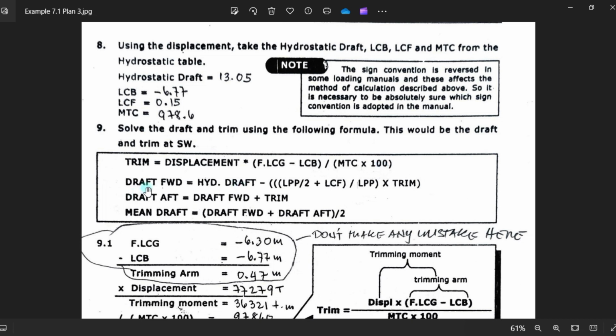Okay, and draft forward is the draft from the hydrostatic table minus LPP over 2 plus LCF over LPP times trim, and draft aft will be draft forward plus trim, and mean draft is draft forward plus draft aft divided by 2. Okay, so we'll check this one, guys.